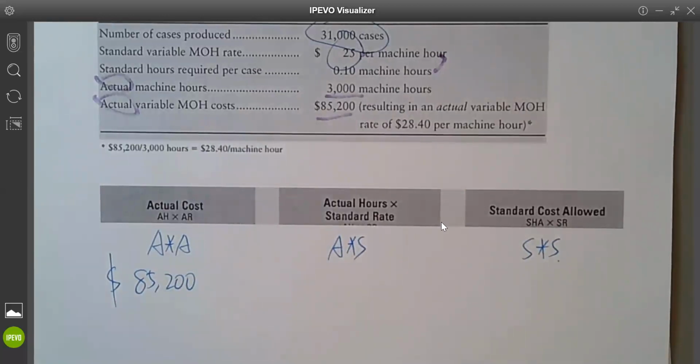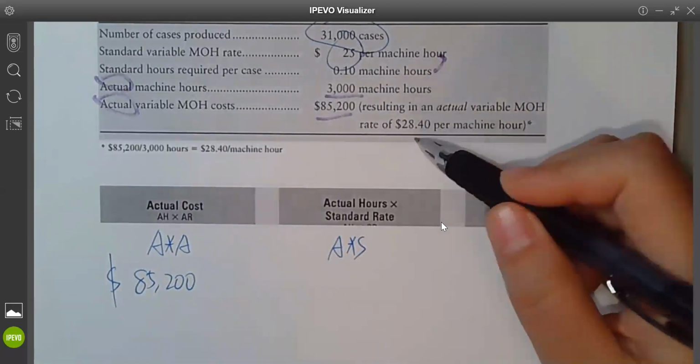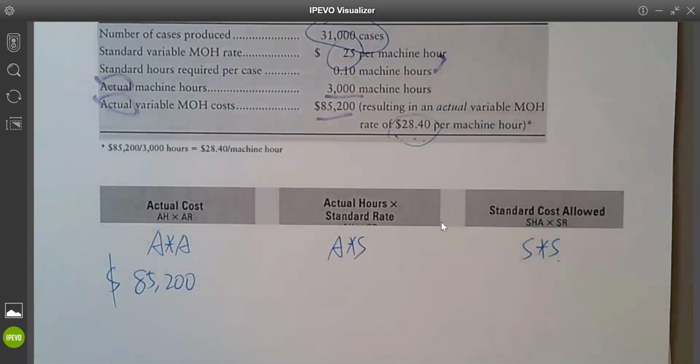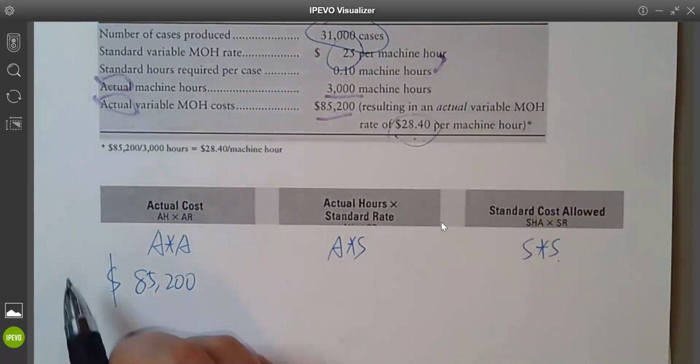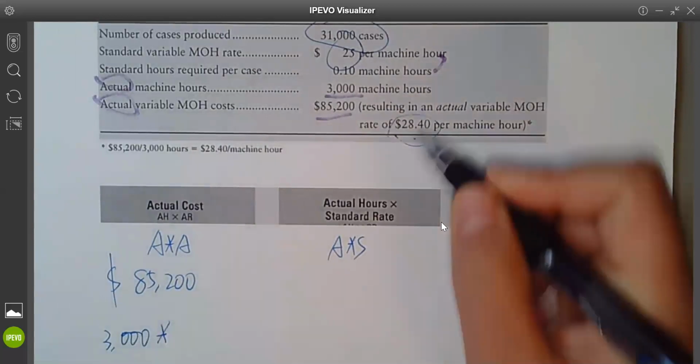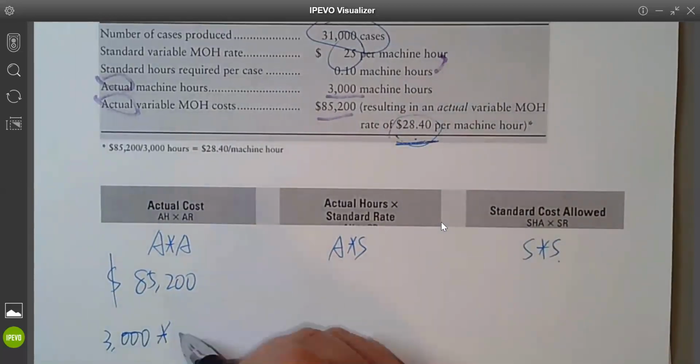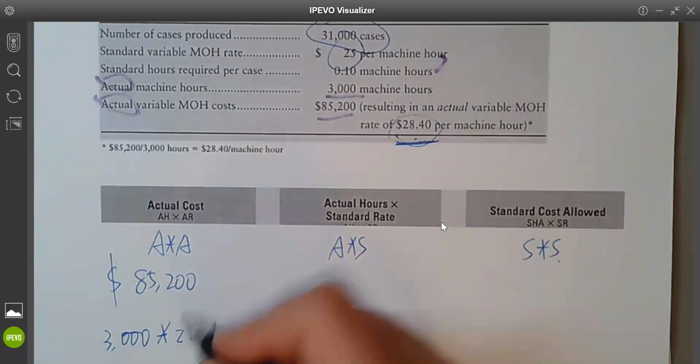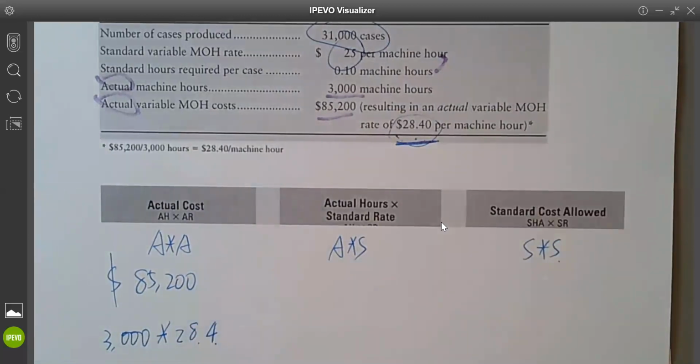Or you can just use the actual rate. So you can also use the actual machine hour 3,000 times the actual rate. The actual rate is $28.4 per hour.